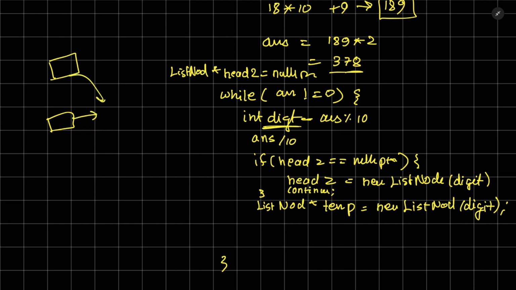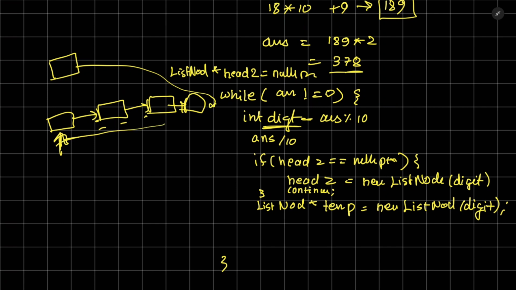Either you can insert this node at the next of this node. That would be a problem, because you have to traverse from head to the tail. So let's say if it had 4 nodes initially, then this node would be added here, so you might have to traverse to here. Or you maintain another pointer, tail, which would always be at the end of the linked list for making insertions.